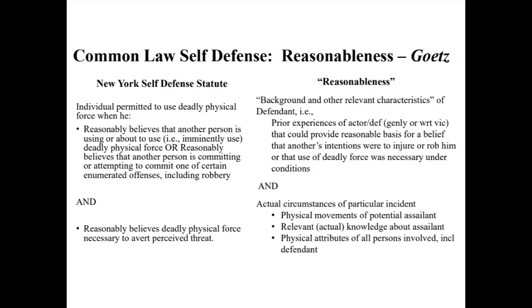One thing to think about here, after we understand New York's self-defense statute and that it is essentially a traditional common law approach, and that there is a level of reasonableness, but with some subjectivity involved, is how did the jurors here reach their particular verdict?